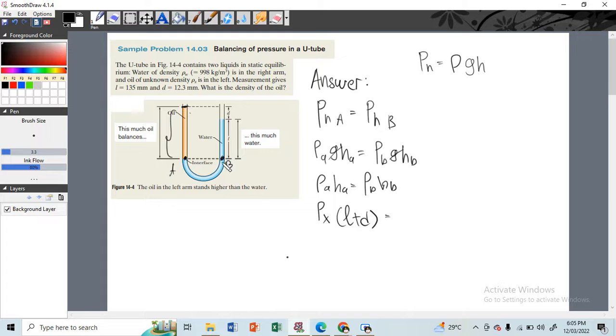What is the fluid at this point B? Of course, it's water. So it's the rho of water. So we use the rho of water times hB. hB is from the surface of the water to the point, which is equal to L. So we could change this to L. So to find rho x, what we want to find, rho x is equal to rho of the water times L divided by L plus D.